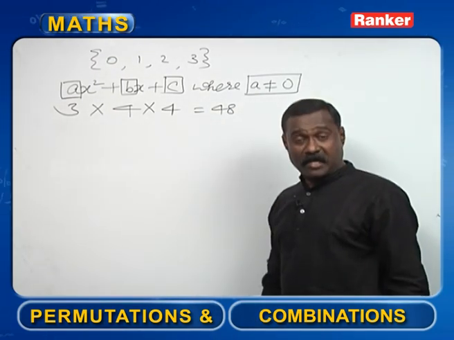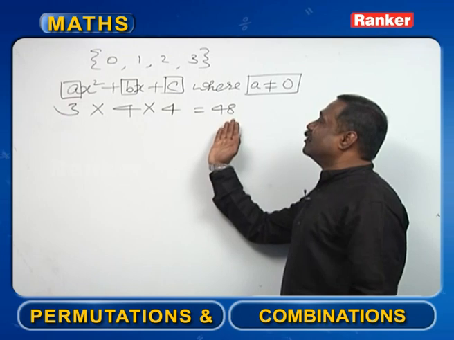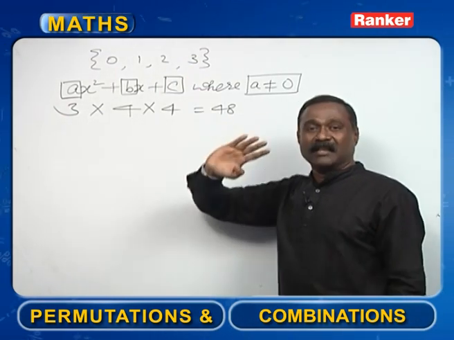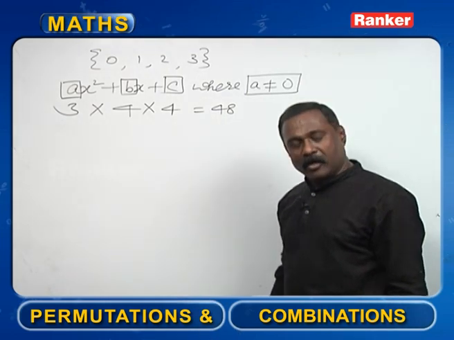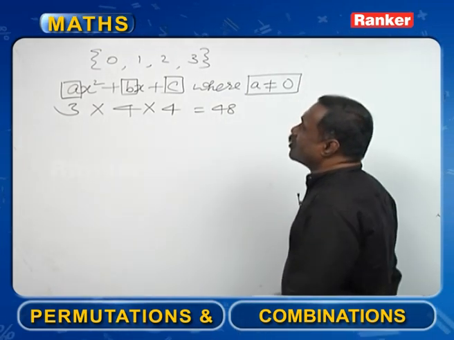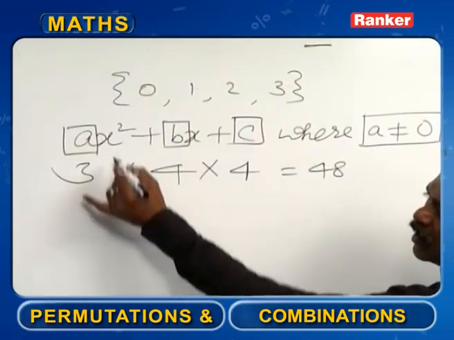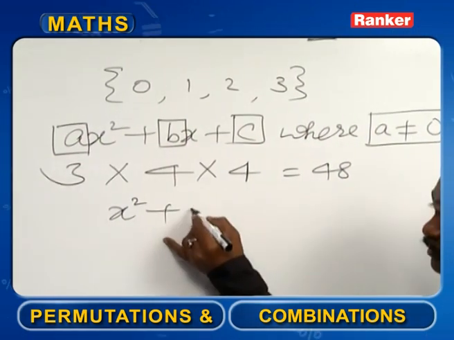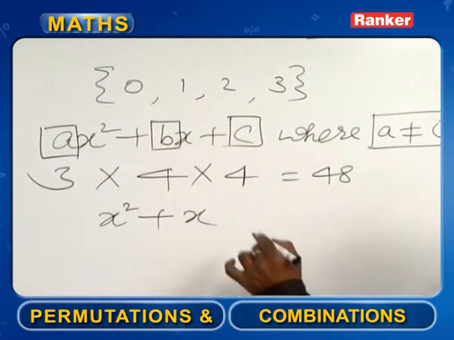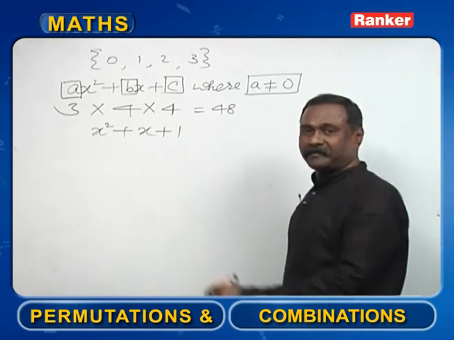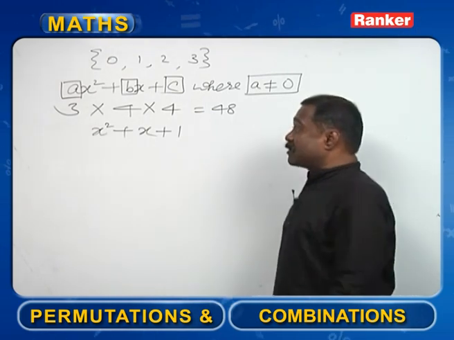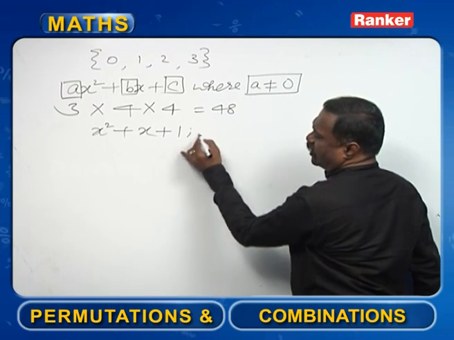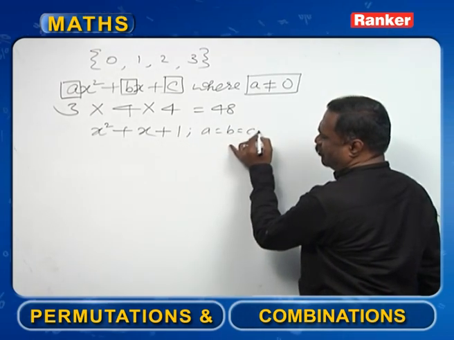So what you understand here is that 48 different quadratic expressions can be formed using the digits 0, 1, 2, 3. So how will they be? Let us suppose a is 1, 1 into x square, b also 1, let me say x, c also 1, let me say 1. That means in this case a is equal to b is equal to c is equal to 1.